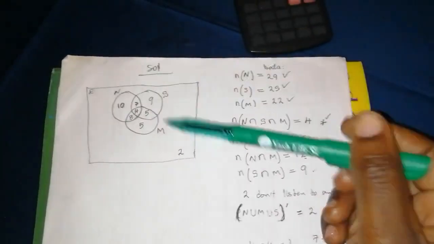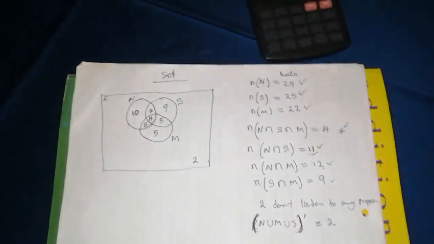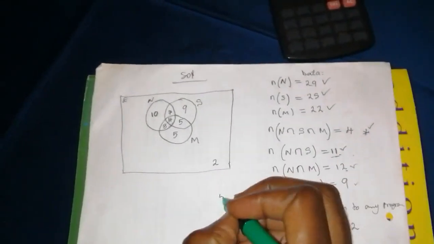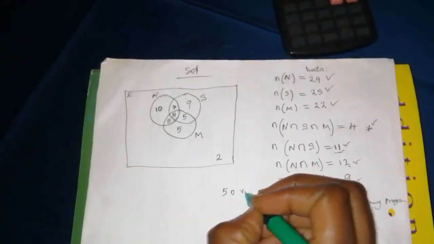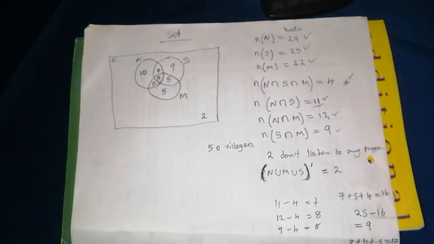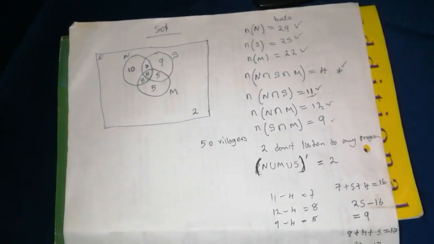So when you add all these, they should give you 50 villagers, because in the information given, we are told that there are 50 villagers in that village who tune into Kambani radio station.